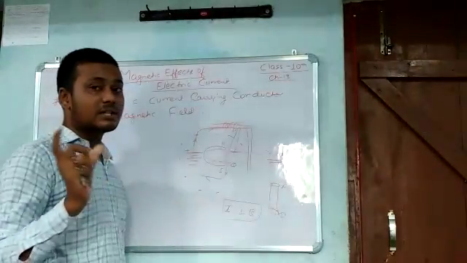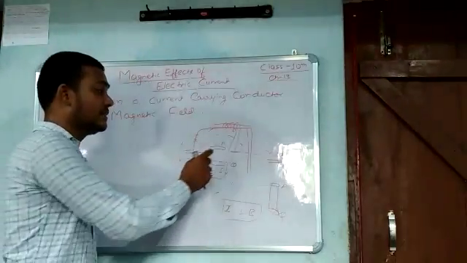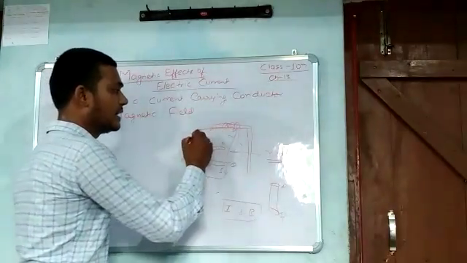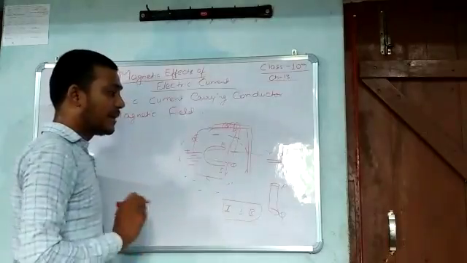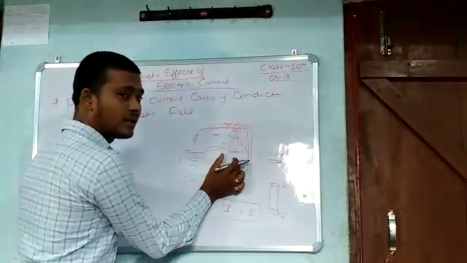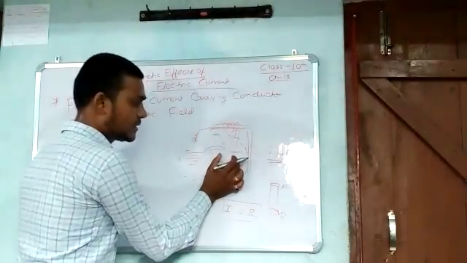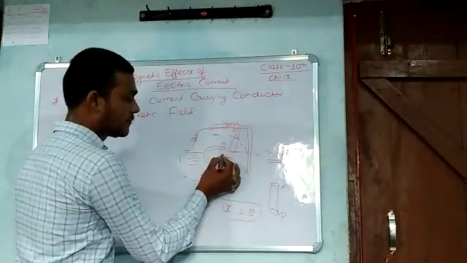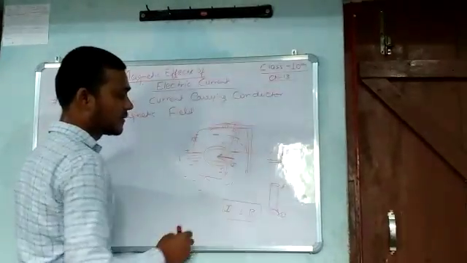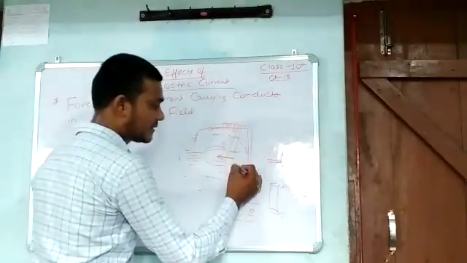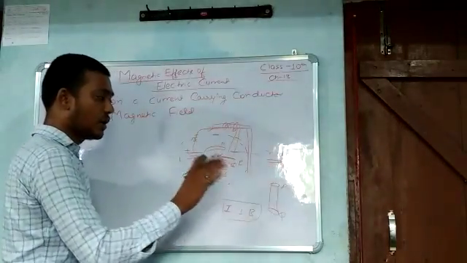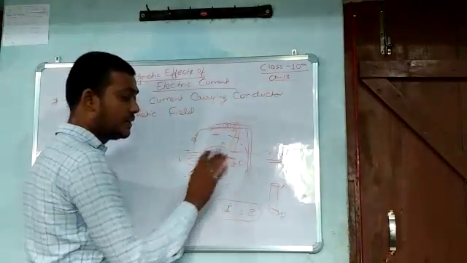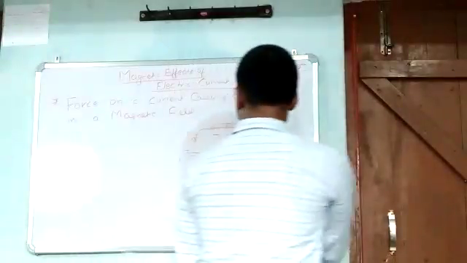Hence, an external force is developed in this field, by which this rod goes in the left direction. It means that there is a force that pushes this rod in the left direction, in this direction.